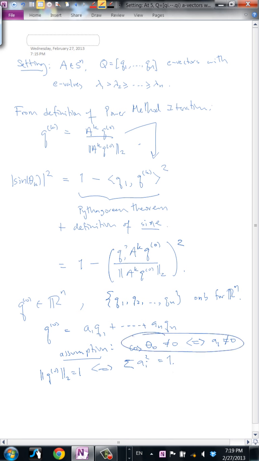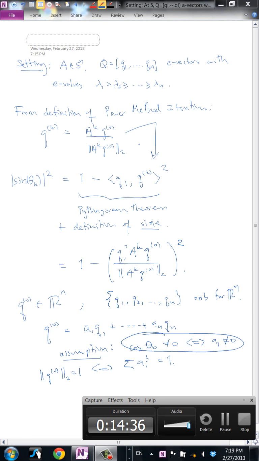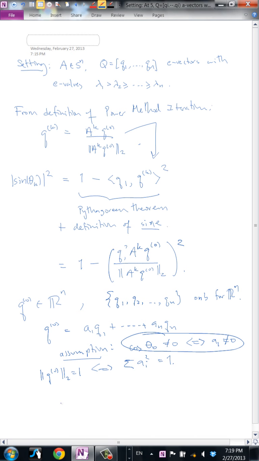So now we can write down what A to the k times q0 is. A to the k times q0 is just the sum of ai times A to the k times qi. But what's this?